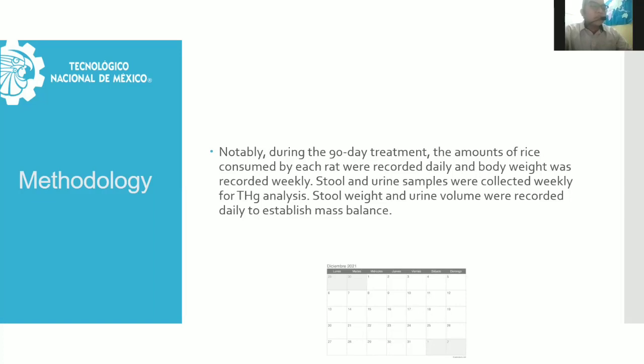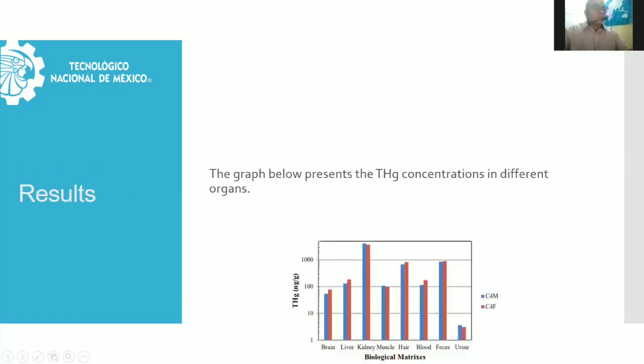Weighing was done weekly, as was the analysis of feces and urine. This was done in order to carry out the mass balance of the mercury in the rats. That was the process, so now we go to the results.